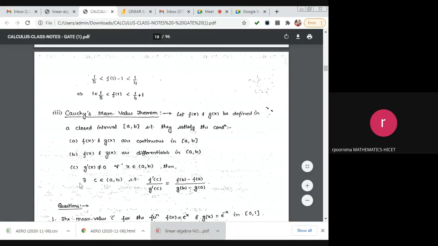Then there exists C belonging to the open interval ab such that f dash of C by g dash of C is equal to f of b minus f of a divided by g of b minus g of a. This is your Cauchy's mean value theorem. So based on that, we will be asking questions.